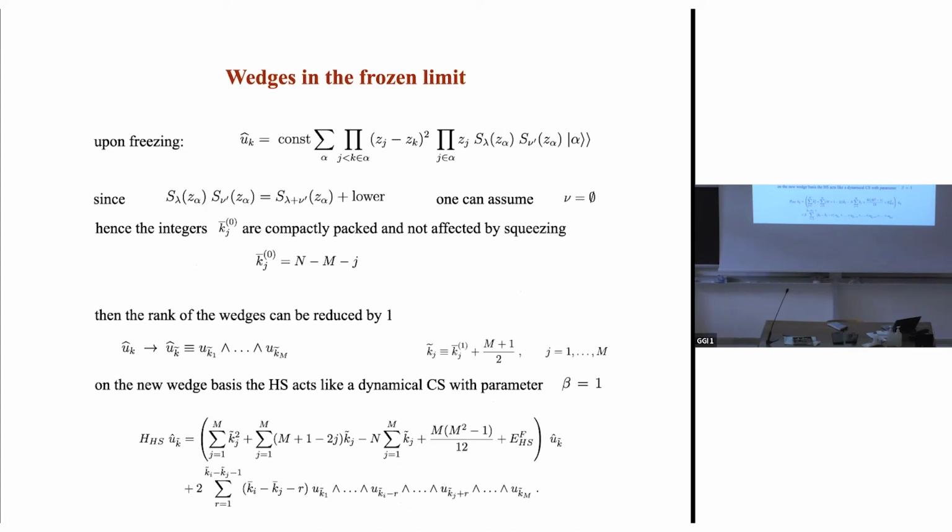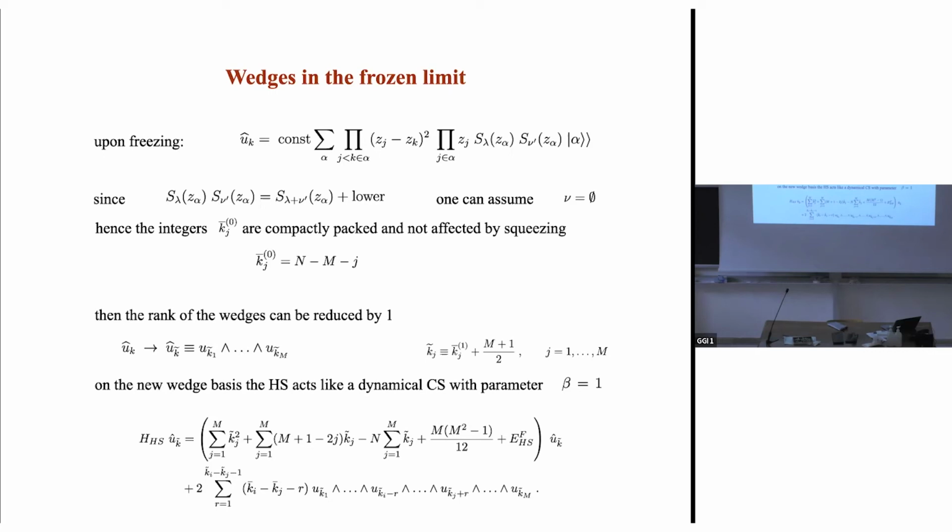So we have one from the up spin, one from the down spin, and then there is this funny factor here, and then a product of two Schur polynomials, and a product of Schur polynomials can also be expanded on the basis of Schur polynomials. So we see that if nu is not the empty partition, we in fact generate functions which are linearly dependent on what we already have.